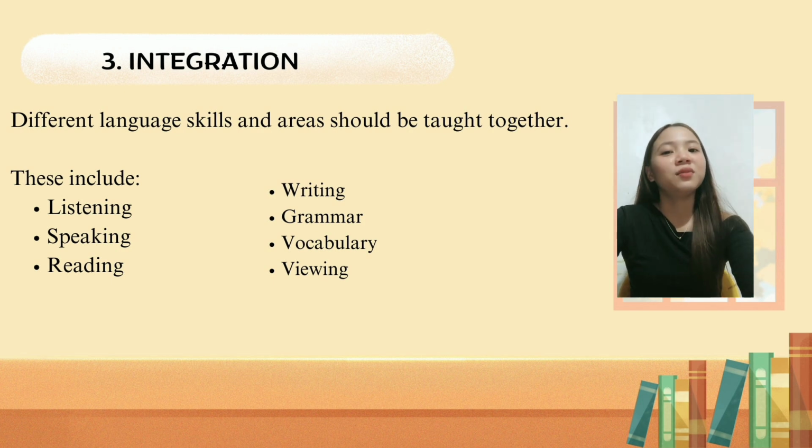So in just one activity, students are already practicing several language skills. Instead of teaching every skill separately, we connect them because they are related to each other. So in simple terms, language skills should work together. Kay in real life communication, dili man pud nga reading ra atong gamiton. Usually, we listen, speak, read, and write together.